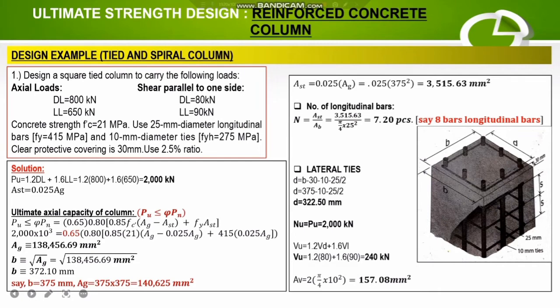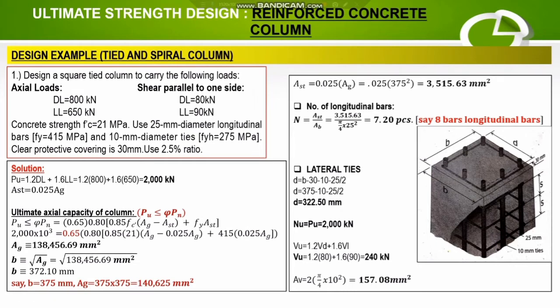So for number 1, design a square tied column to carry the following loads. For axial loads, DL is equal to 800 kilonewtons, live load of 650 kilonewtons, then shear parallel to one side, DL is equal to 80 kilonewtons, and LL is equal to 90 kilonewtons.